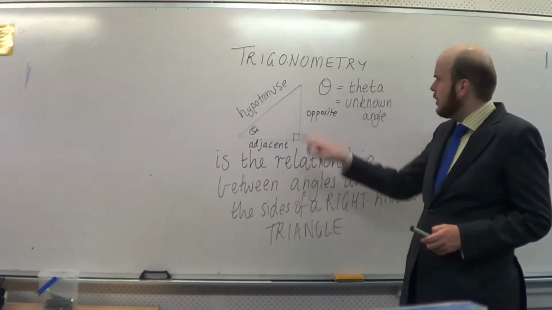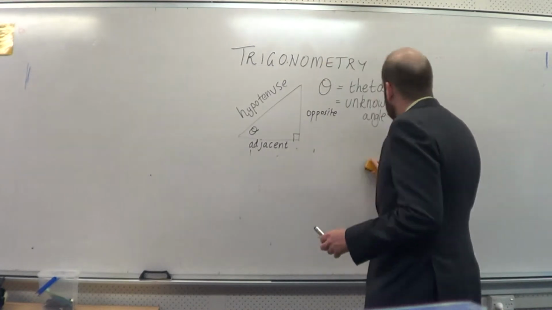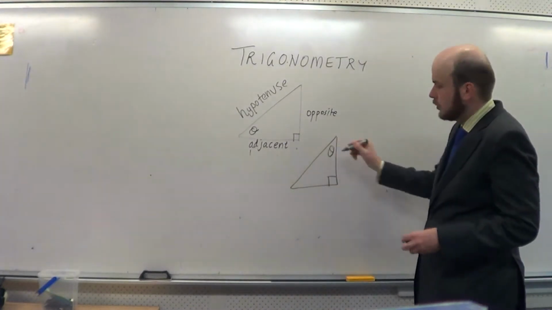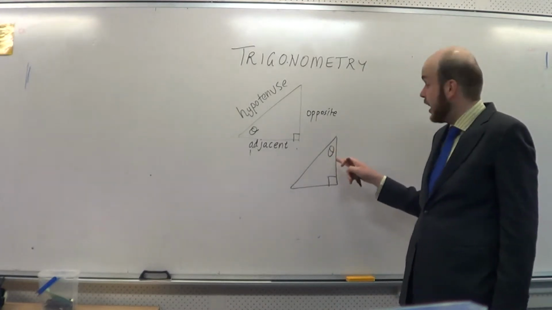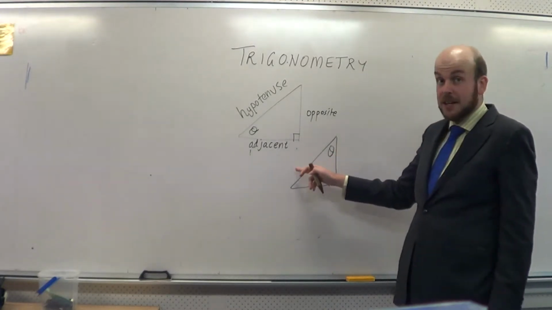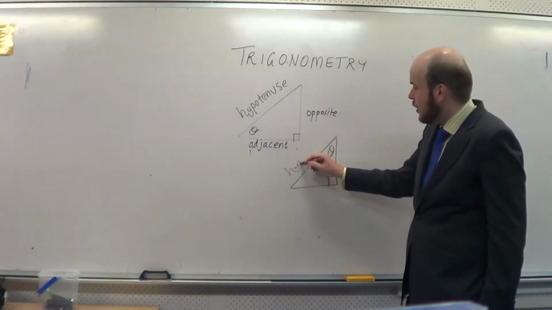What about if I was talking about this angle up here? Let's draw it. So if I was talking about this angle up here, well, the longest side is still the longest side no matter what I draw. So this is still the hypotenuse.